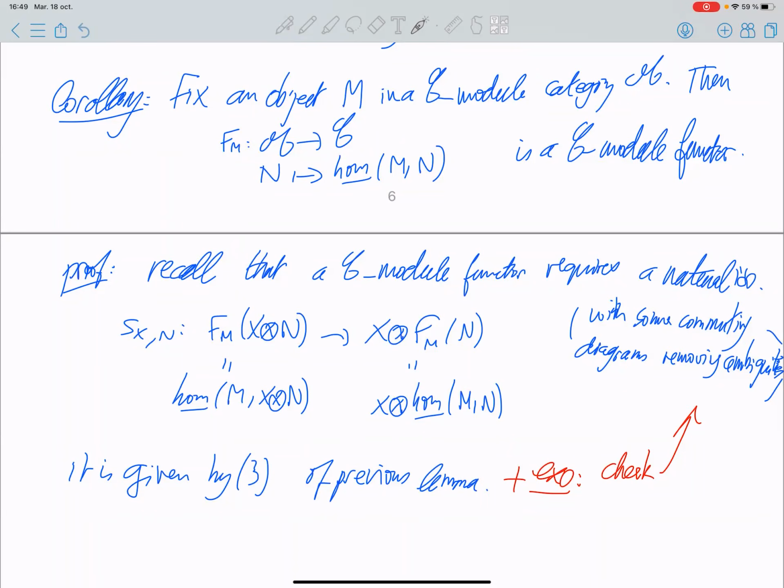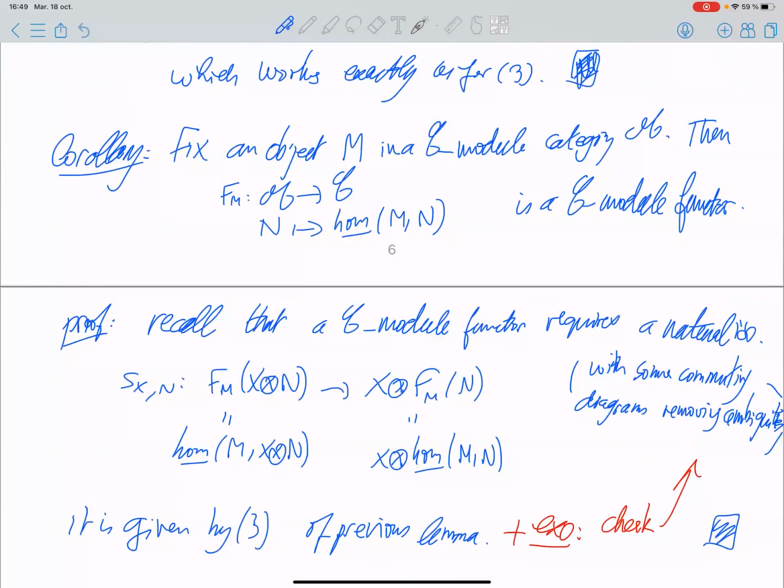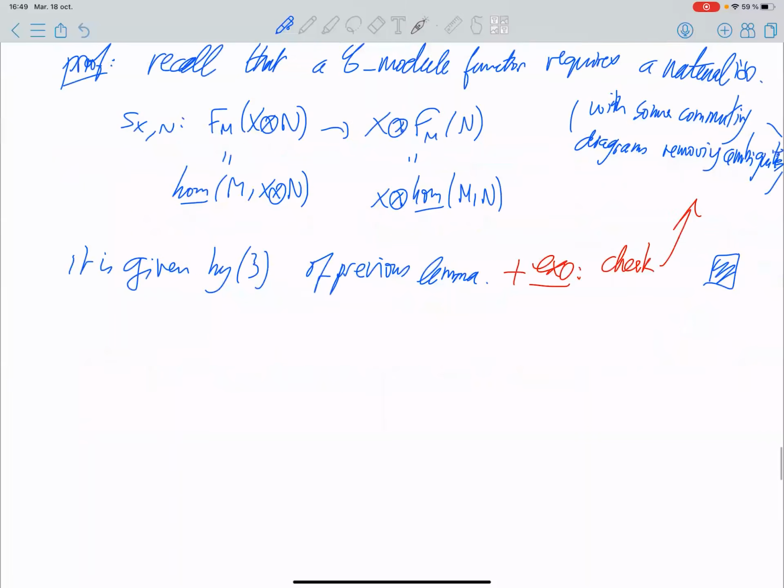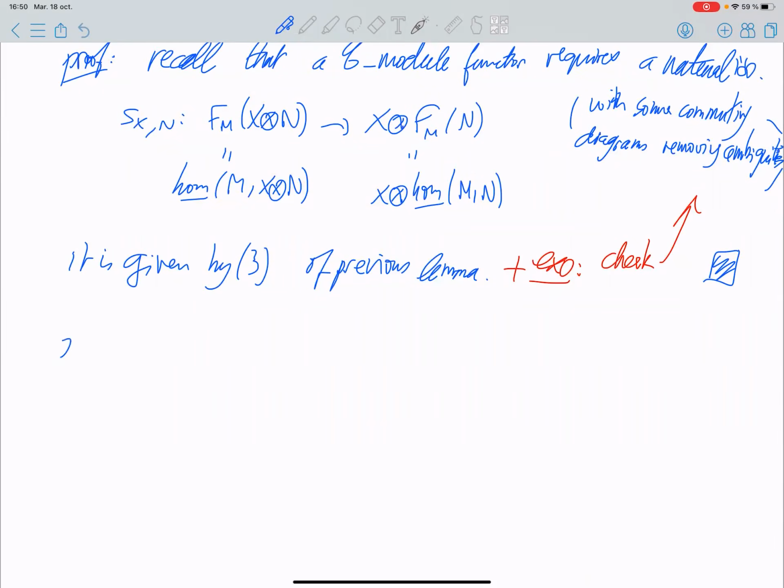So we have a C module functor and this will be used again to prove something even more interesting, the corollary. So what is this corollary?